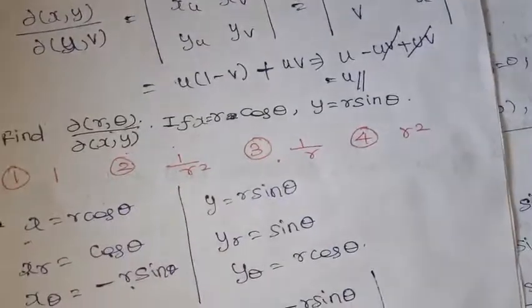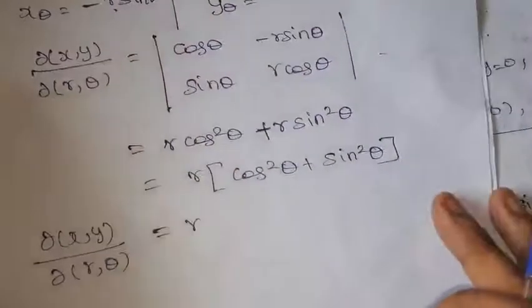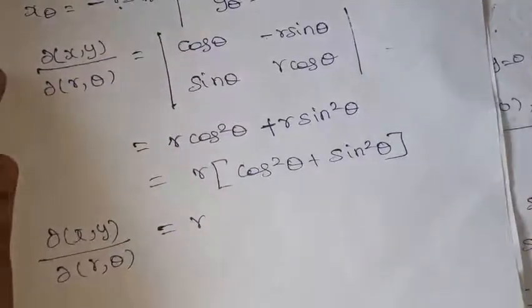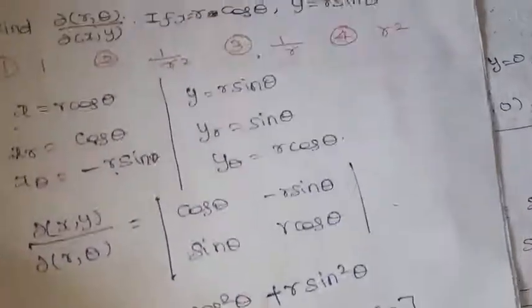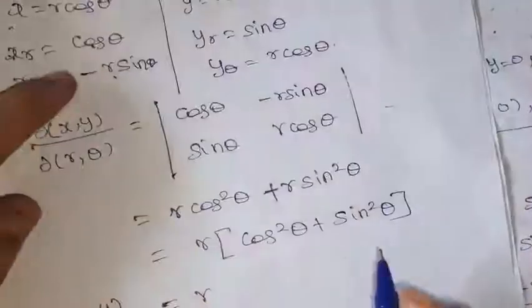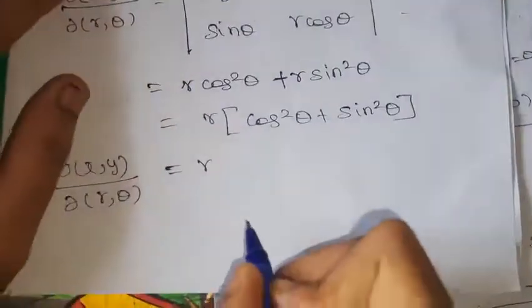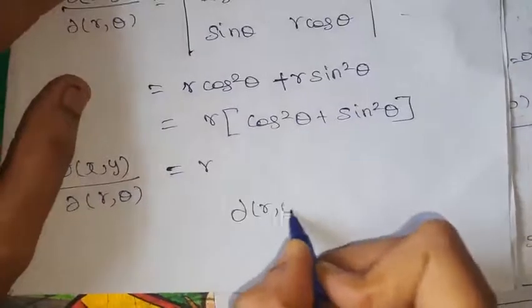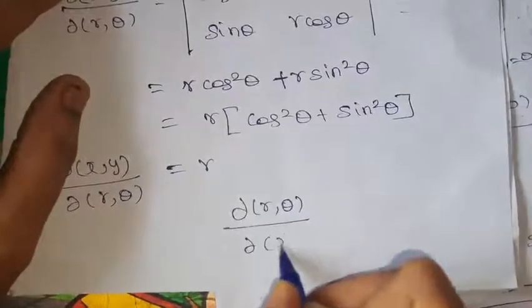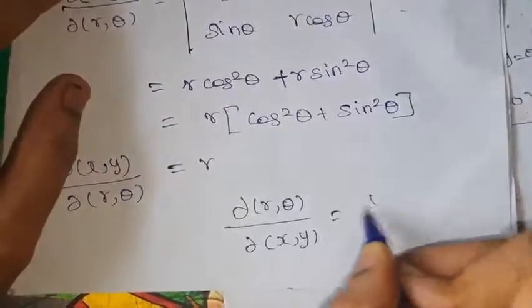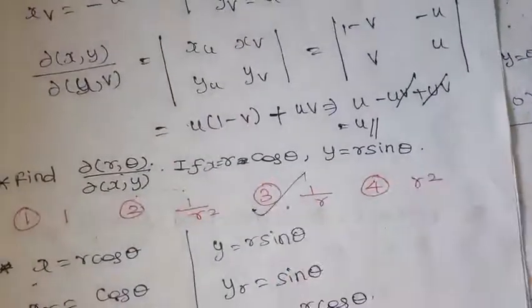Sometimes to confuse us, they give this also in the options, so we may have a chance of choosing the wrong option. So read the question carefully. We need to take the reciprocal, so ∂(r,θ)/∂(x,y) is nothing but 1 by r. So option 3 is the right option for this problem.